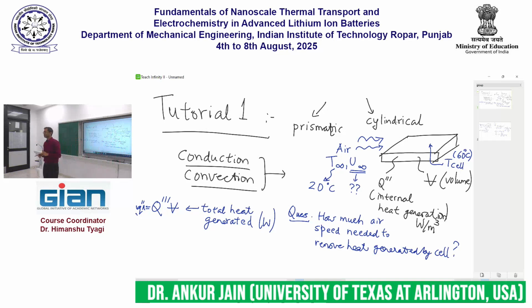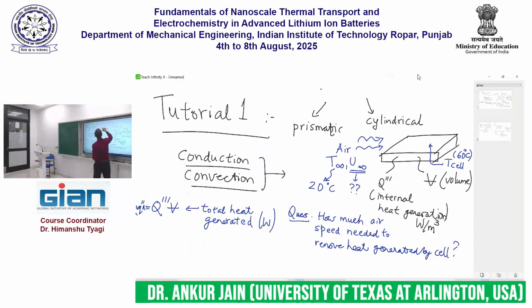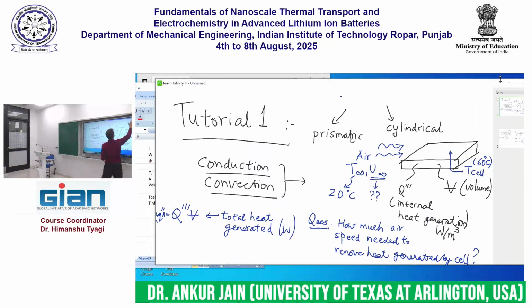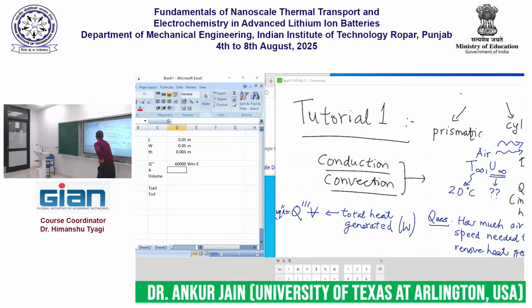Does that make sense? So let's assume that it's going to blow both on the top and the bottom faces, based on which I can say that the area is given by 2 times this times this, and that's meter square.